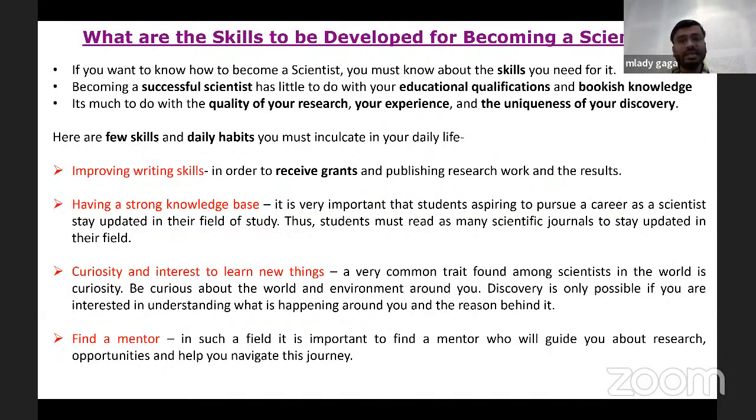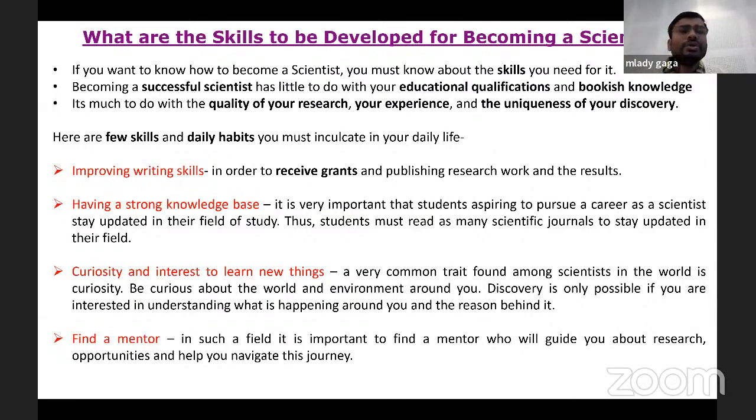So what are the skills you should develop to become a scientist? You need your educational qualification. You should have a clear fundamental idea of your area. You should know how to do quality research. Your experience is very important.